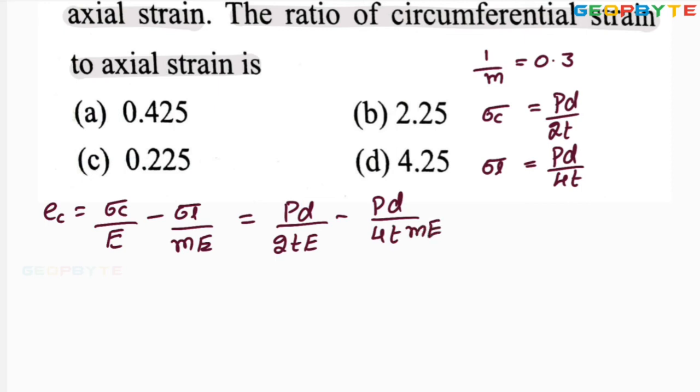So it is equal to PD by 2TE outside into 1 minus 1 by 2m.